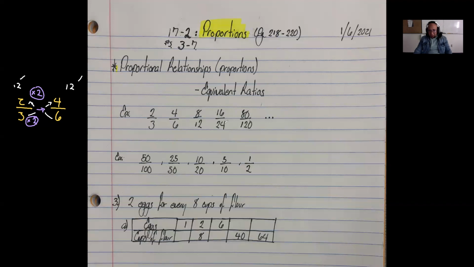If you got any two of these fractions and cross multiply them, you will find that they give you the same product. They're all equivalent to one another. So whenever you have a group like this of ratios or fractions, you can say that these are proportional. This represents a proportional relationship.